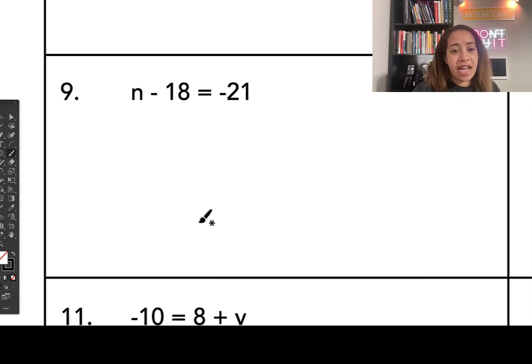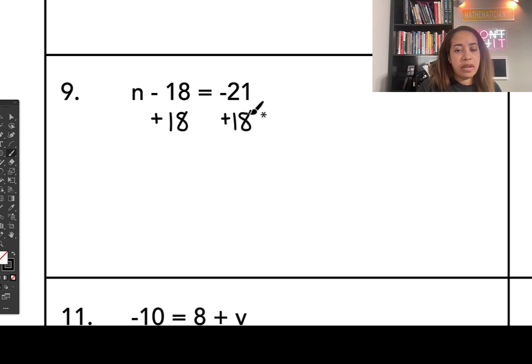Here is number 9. In number 9, we see subtraction, so we need to do the opposite operation to both sides. We need to add 18 to both sides of the equal sign. Now we've got n all by itself on the left side.